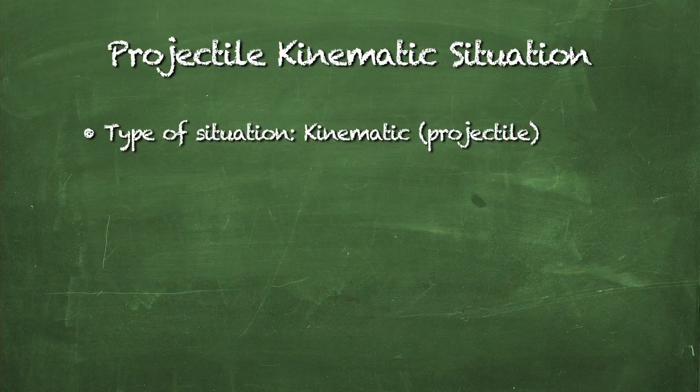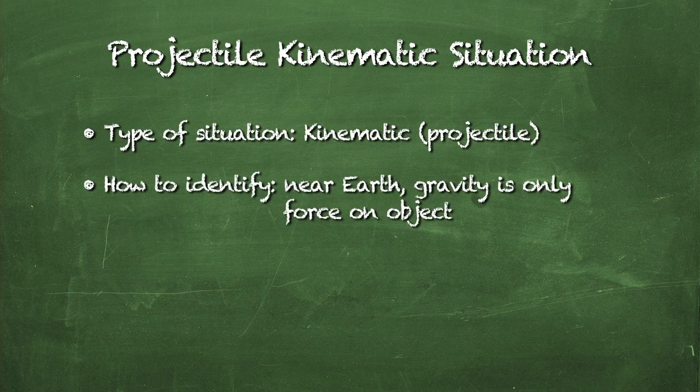Now, there were several special kinematic situations, and in these special kinematic situations, there was extra information that you could infer based on the situation. The first of these is a projectile situation. And how do you identify that? Well, you're near the Earth, and gravity is the only force on the object.